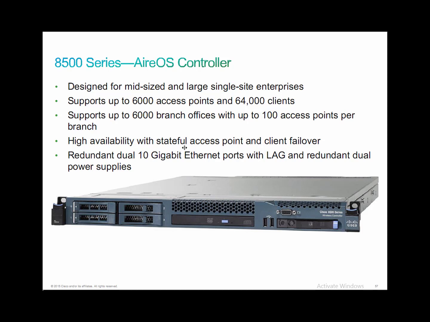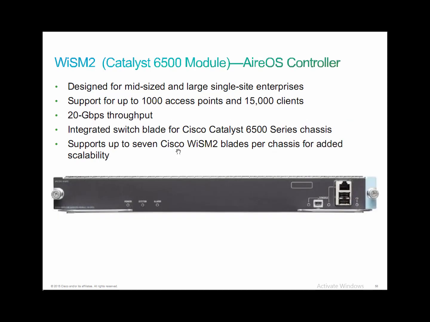I think these numbers are a little bit skewed because I do think that the numbers have gone up significantly since 2014 and 2015. But if you just go to Cisco.com and search on wireless LAN controllers, you can see the latest information.